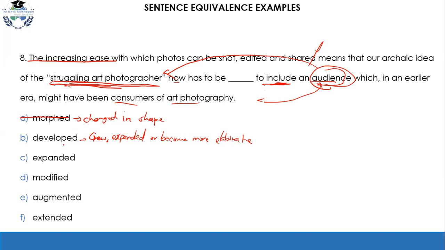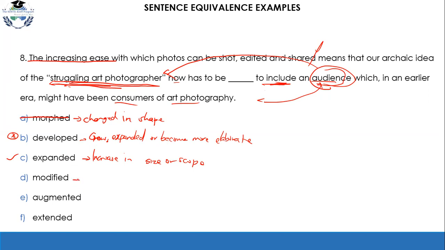We can't really eliminate this for now. Let's look at expanded. It means to increase in size or scope. This definitely works. We need to increase it in size and scope, so this might work.